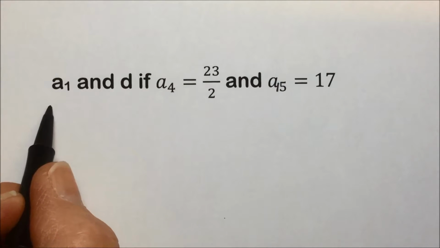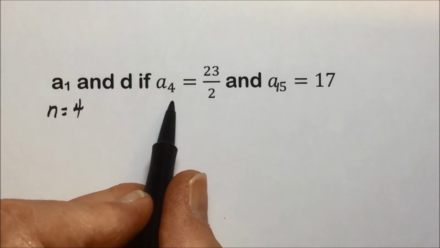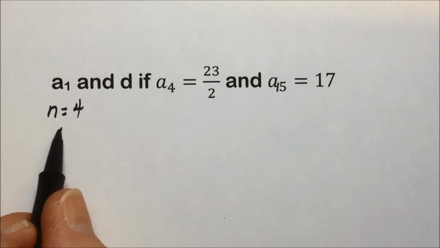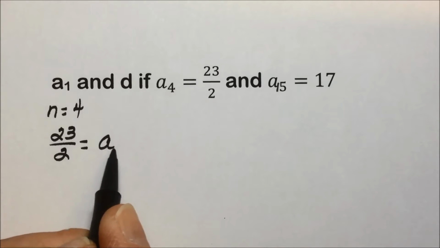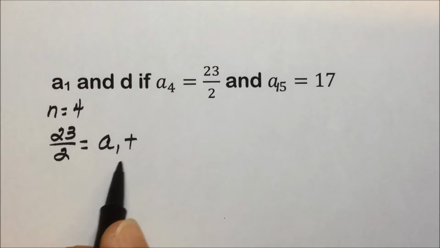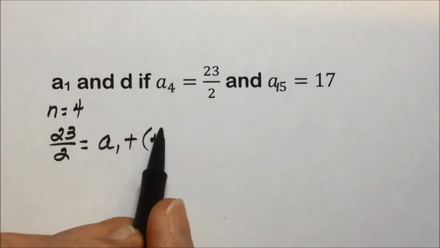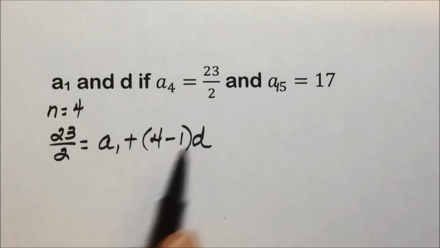How was the fourth term found? Using that nth term formula, our fourth term, which we know is 23/2, was found by taking the first term, we don't know, plus n minus 1, and our n would be 4, since this is the fourth term, times the common difference, we don't know.